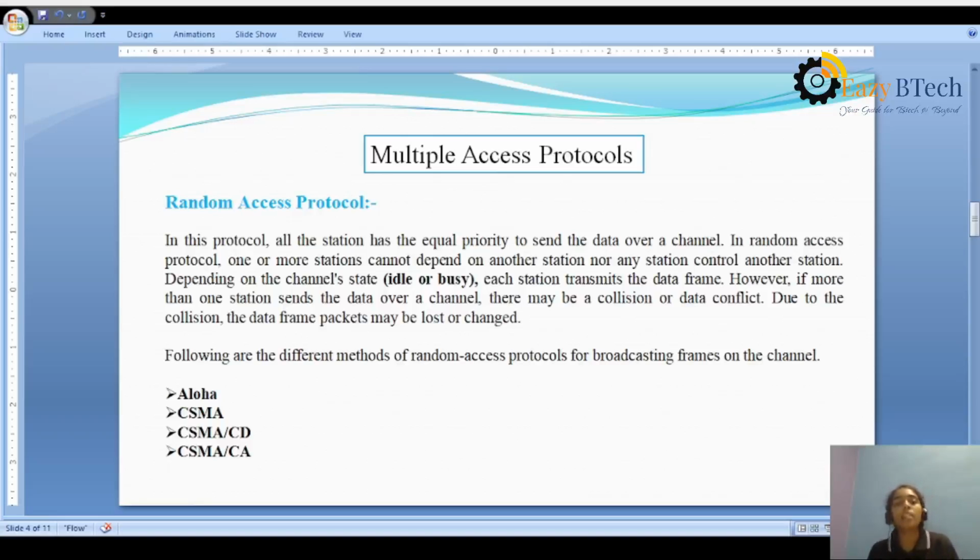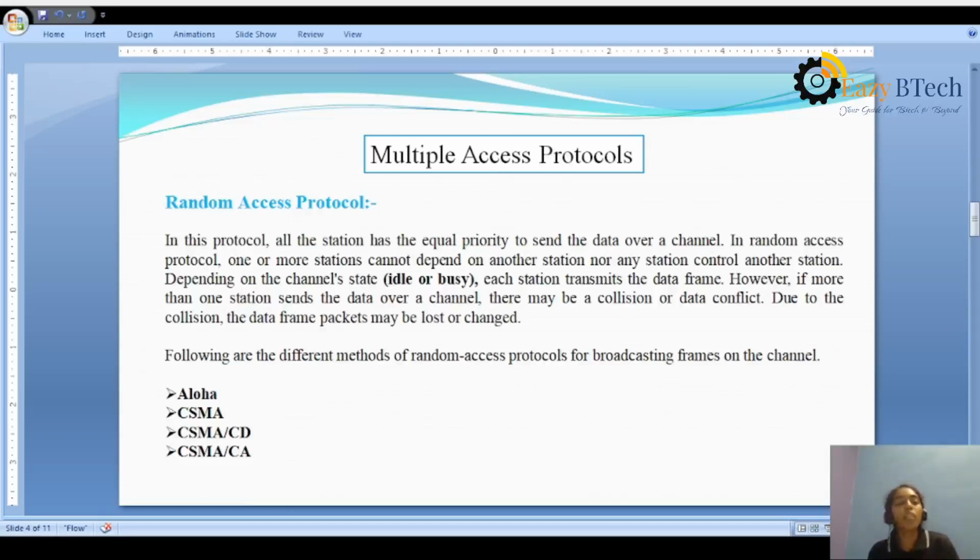The random access protocol works depending upon the channel state. Channel state means whether it is idle or busy. Idle means nobody is sending frames in that channel; busy means a number of users are using it. We have to identify this depending upon the channel state. Each station transmits the data frame.